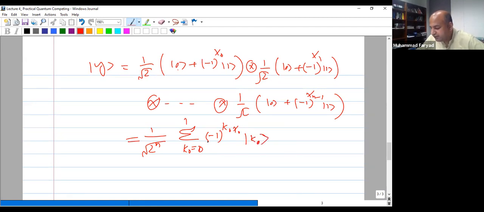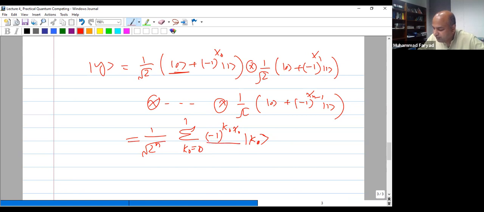You see, this sum means that k naught should first take value 0. So when k naught is 0, the first term in this sum is the |0⟩ state, and its sign is plus. So I will get minus 1 power 0, which is just 1.